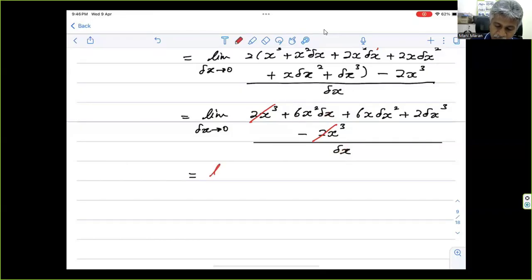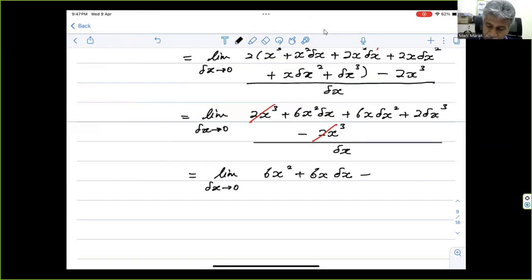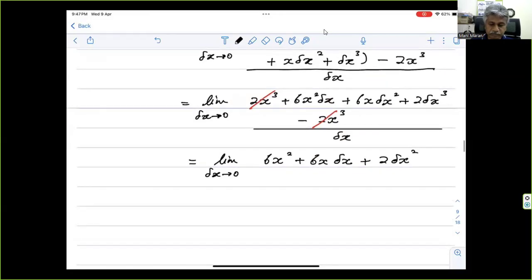So when you write there the limit as delta x approaches 0, you'll get 6x squared plus the second term 6x delta x. Then the last term will be 2 delta x squared.